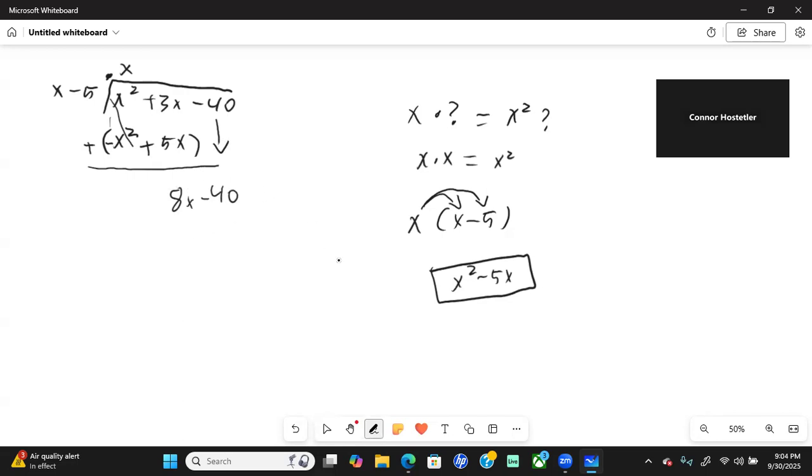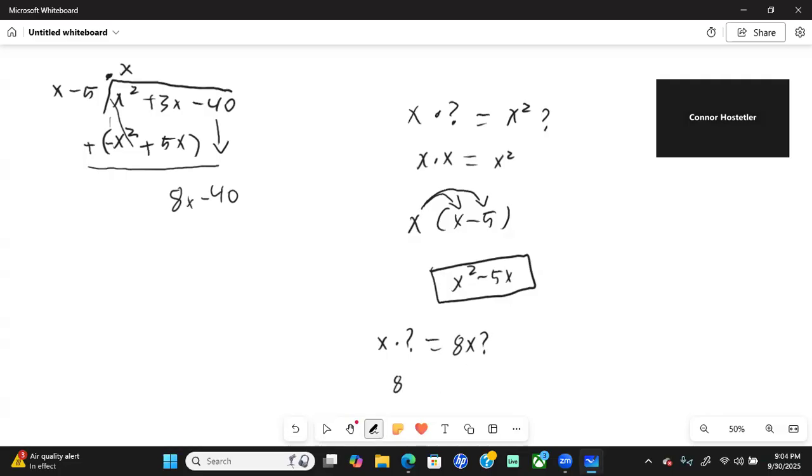Now, again, let's just think like the 5 isn't here for a minute. X times what number equals 8x?